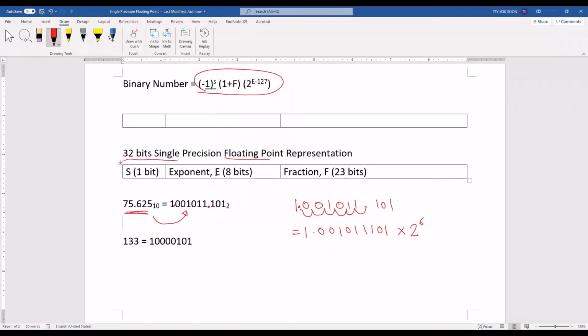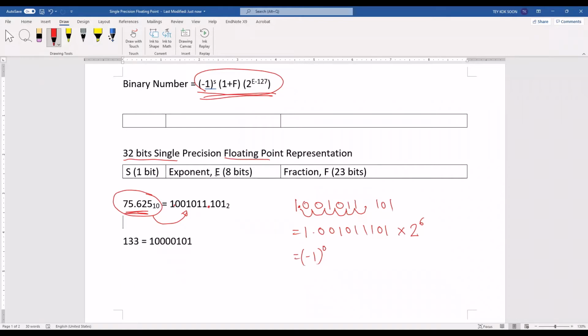Okay, so we have already converted it into this format, if you are able to see it. Since 75.625 is a positive number, it equals (-1) to the power of the sign bit, and the sign bit should be 0 because it's a positive number. If the power is 0, it becomes 1; if the sign bit is 1, then (-1) to the power of 1 becomes -1.